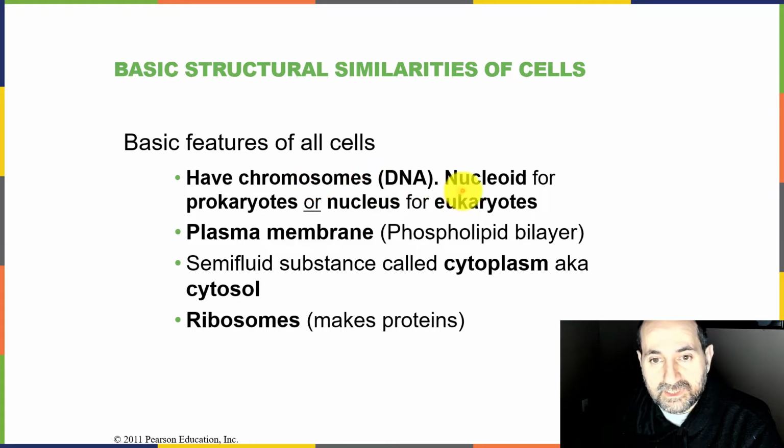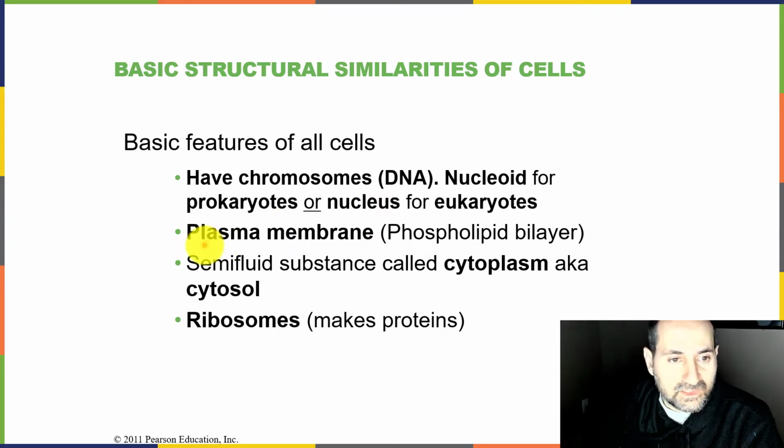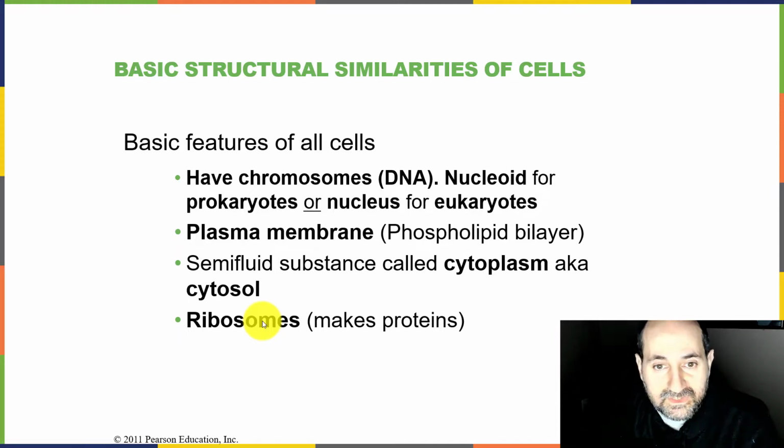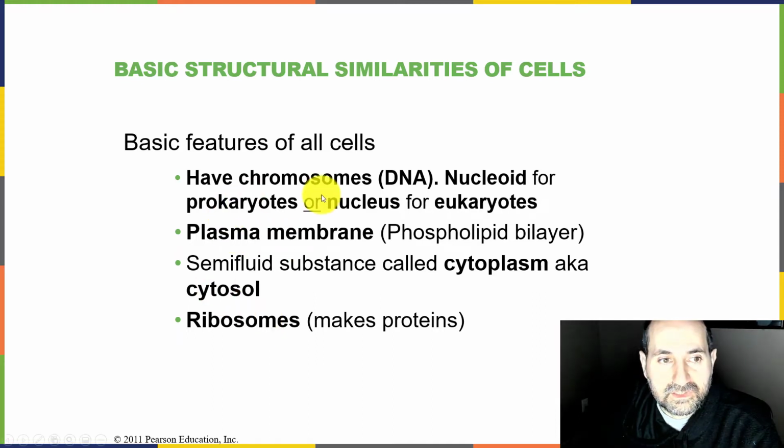In prokaryotes, the DNA is in the form of a nucleoid, and in eukaryotes, the DNA is inside of a nucleus. All cells have a plasma membrane, all cells have a cytoplasm, and all cells have ribosomes. So please know that all cells possess all of these features here.